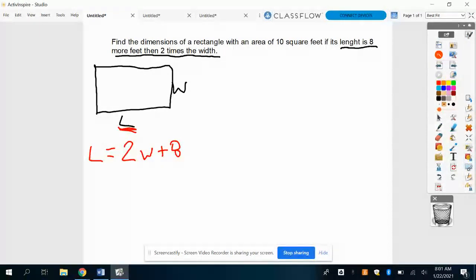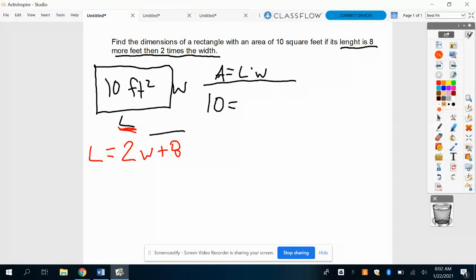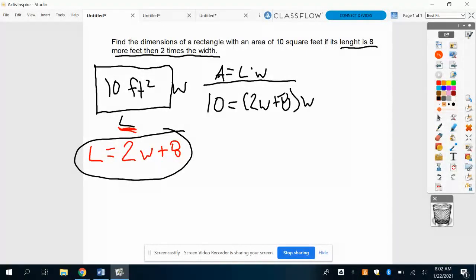When I do my area equation, I know the area of this whole thing is 10 feet squared, and I'm going to use the fact that area is equal to length times width. So my area, 10, is equal to my length. Instead of using L, I'm going to use 2W plus 8, times my width, which is just W.